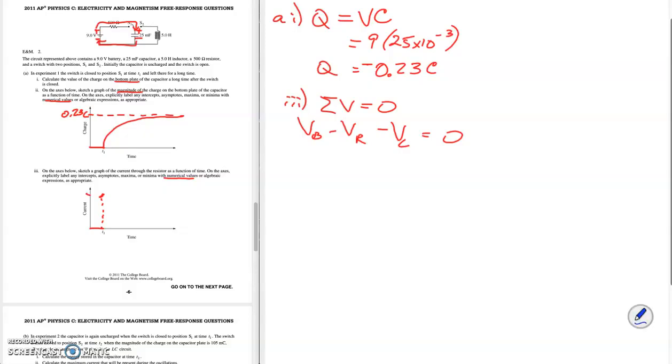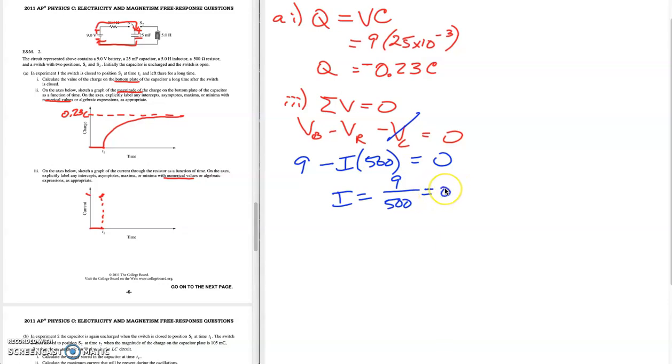At time 0, that guy's 0. This is the battery of 9 volts. This is current and 500 ohms. So the current is going to be 9 over 500, also known as 0.018 amps. We need to have this value here to satisfy their requirements of having a numerical value. So 0.018 amps, and then we will have an exponential decay that heads towards 0.